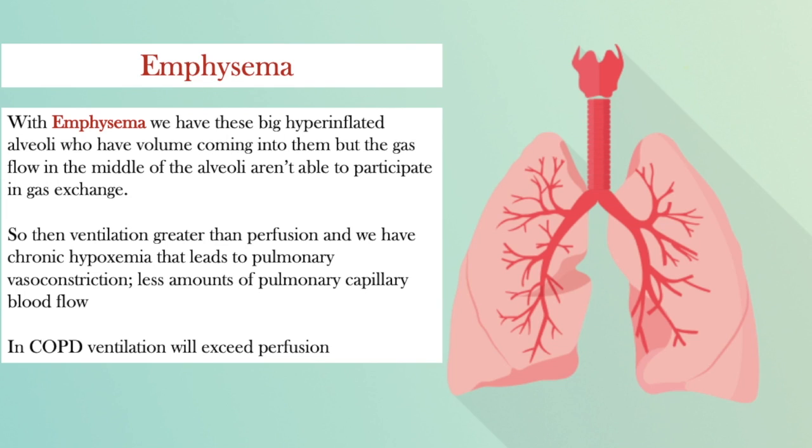With emphysema, we have hyperinflated alveoli that have air coming into them, but the gas in the middle of the alveoli isn't able to participate in gas exchange. This results in ventilation being greater than perfusion, and that creates chronic hypoxemia, which leads to pulmonary vasoconstriction, which is a lesser amount of pulmonary capillary blood flow. In COPD patients, ventilation will exceed perfusion.